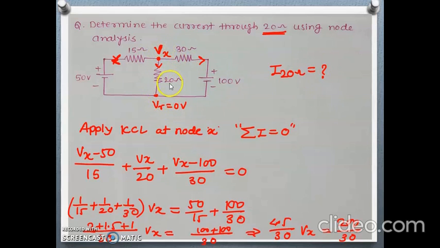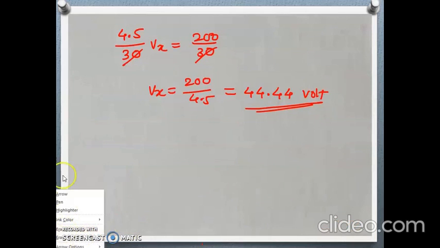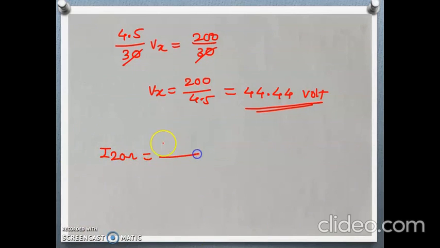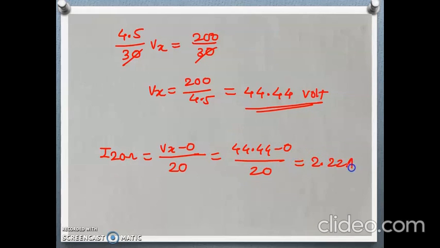The required value I 20 ohm will be Vx minus 0, the voltage difference across that branch, divided by 20 ohm. So Vx is 44.44 minus 0 divided by 20, which is nothing but 2.22 ampere. So the required value of current will be what?